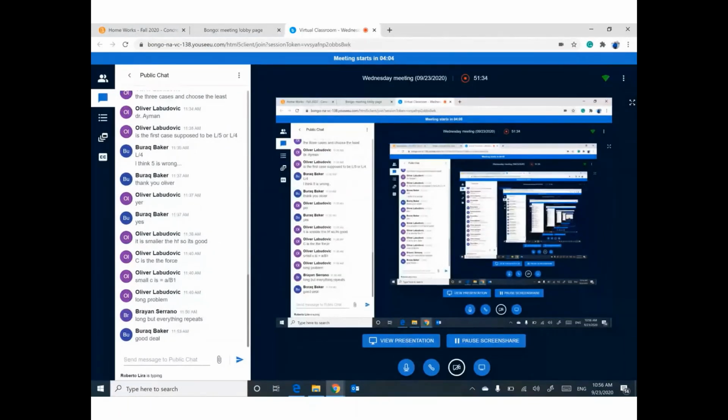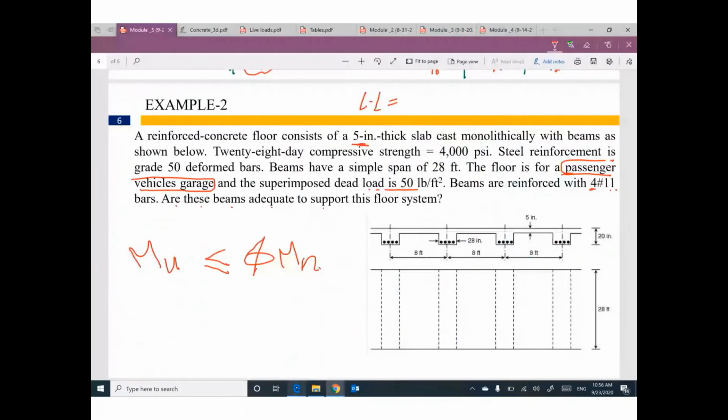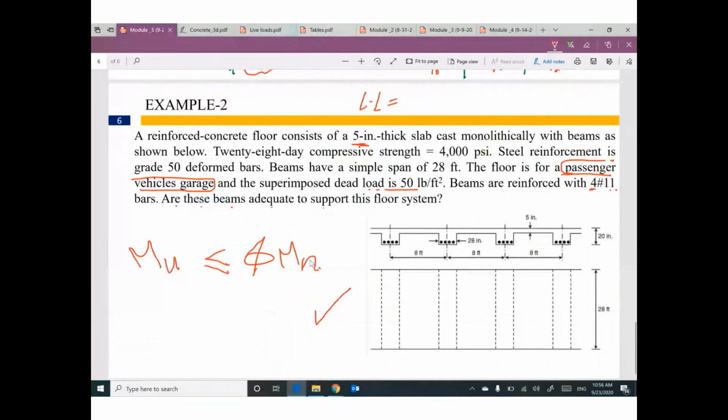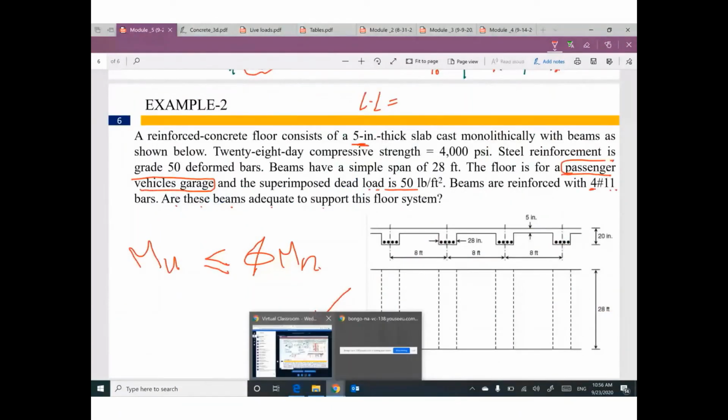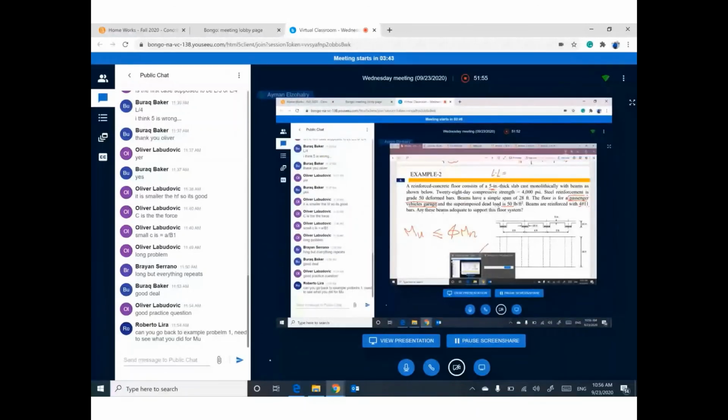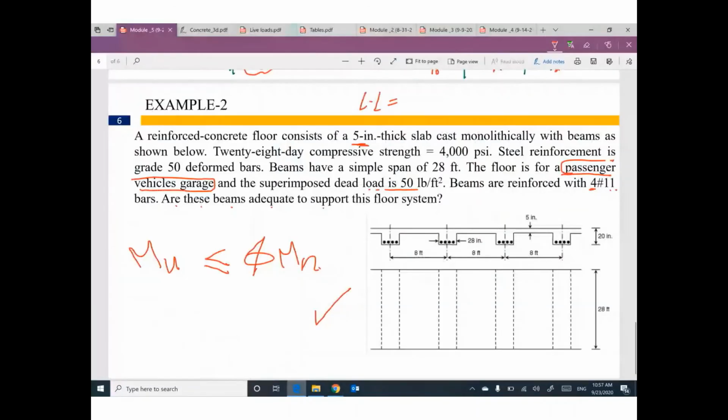So go ahead and try to solve this problem. If you have any question, let me know before Friday. This one is a typical problem like the other one, with a little bit different numbers but the same sequence. Everything is the same, for M ultimate.